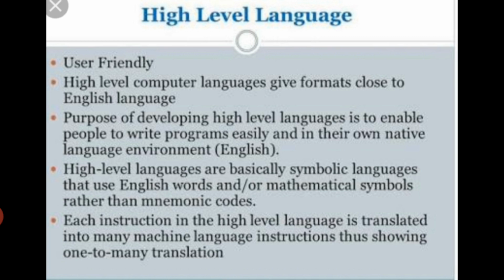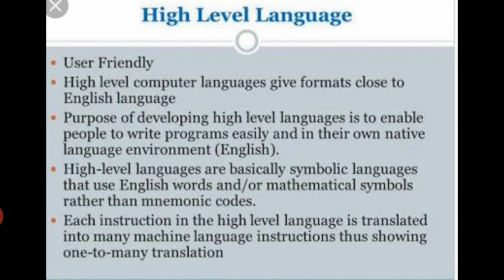Fourth point, high level languages are basically symbolic languages that use English words and or mathematical symbols rather than mnemonic codes. So what is the difference between high level language and low level languages? Low level language uses different sorts of mnemonics and symbols, which create many complications while writing a program.